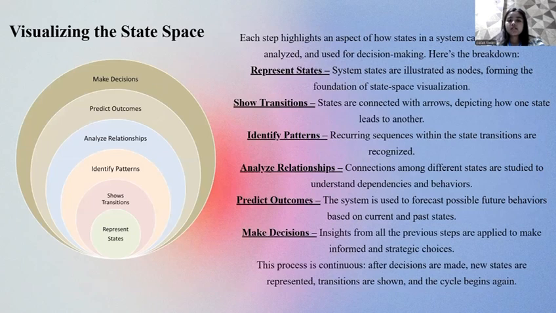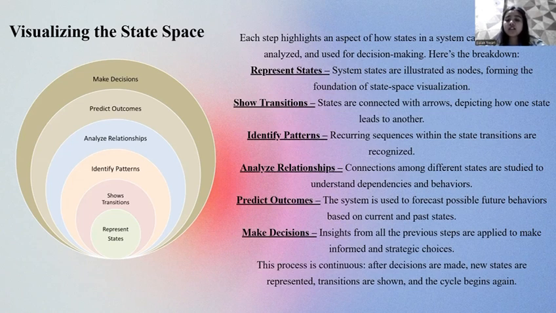Visualizing the state space. To understand AI planning, we first visualize the state space. Each shape highlights an aspect of how states in a system can be represented, analyzed, and used for decision making. Here's the breakdown. Represent states: system states are illustrated as nodes and are the foundations of state space visualization. Show transitions: states are connected with arrows and depth to lead to another.